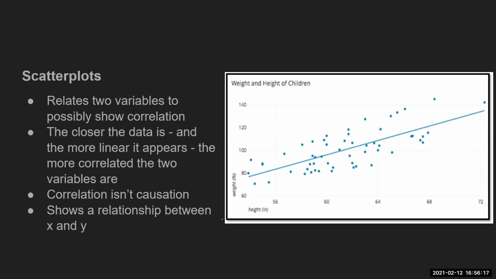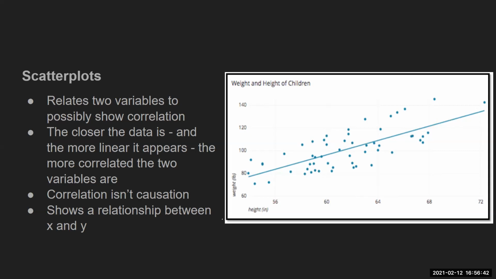We can see this data here, weight and height of children. We have height on the x-axis and weight on the y-axis. The trend is pretty close to a line. We can see as the height increases, the weight increases, which, again, common sense tells us makes sense.